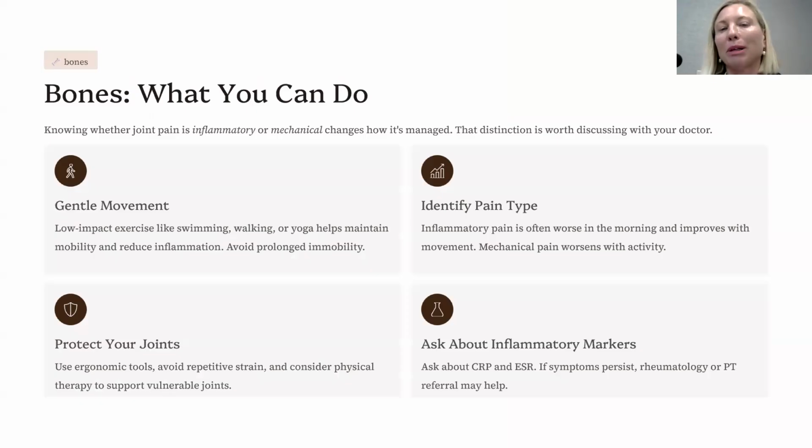Or if it's mechanical, which is more like osteoarthritis, that's a different story, and there's different approaches to managing that as well. So, for example, inflammatory pain tends to be worse in the morning and improves with movement, whereas mechanical pain tends to be worse at the end of activities or towards the end of the day. And so understanding these differences really can help guide treatment.